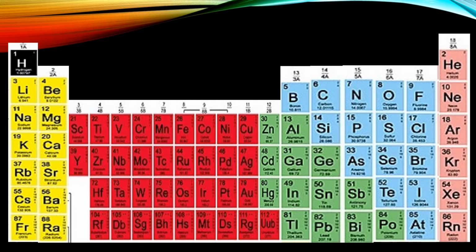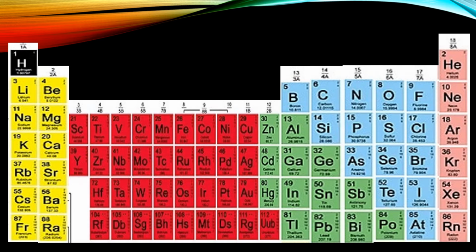And the noble gases, in the 8th A group, as I have told you, contain the p block elements except helium. As helium has atomic number 2, only 2 electrons are present here, and they are present in the 1s orbital.